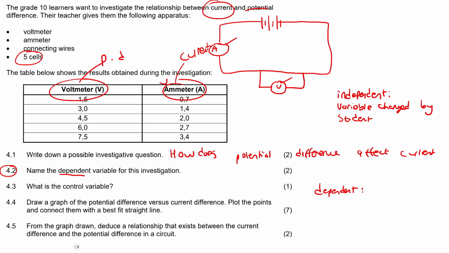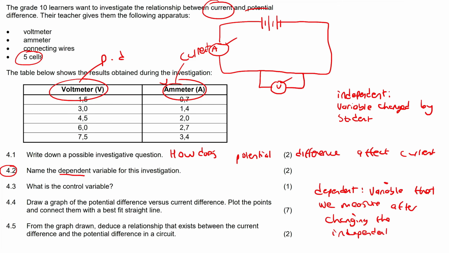So how could we define that? It's the variable that we measure after changing the independent variable. There we go. That makes sense.